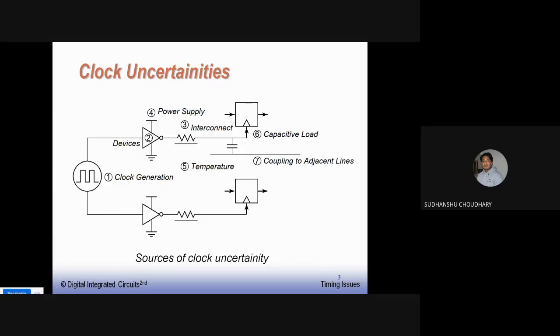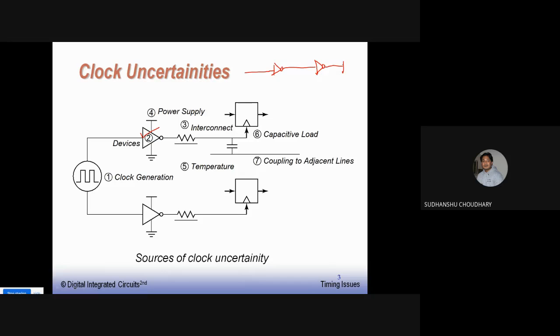The next source of uncertainty is when you are driving the clock signal and the length from source to destination is large, so you will try to include buffers in between, as we had seen that interconnects can also be driven by buffers.